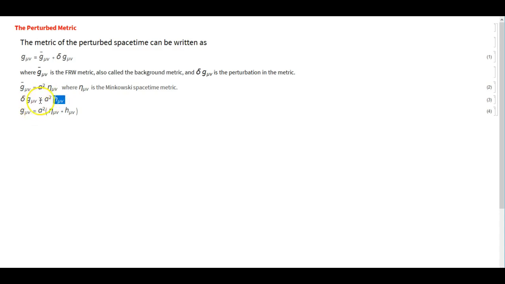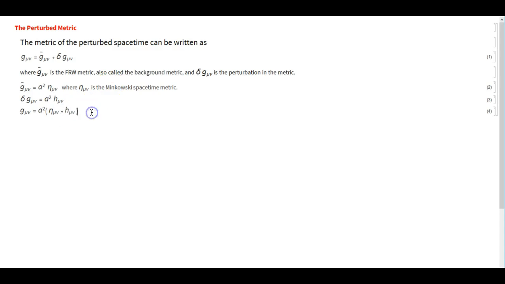So delta g mu nu is a squared times some perturbed metric h mu nu, and when we put it here, g mu nu in perturbed space is equal to a squared times eta mu nu, which is the Minkowski space-time metric, plus h mu nu.